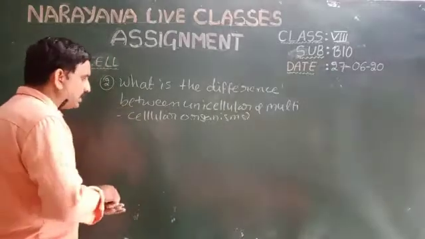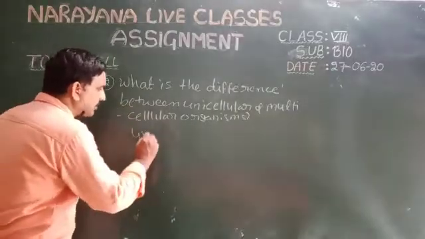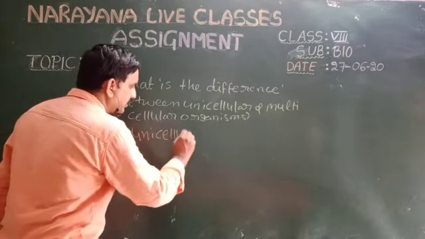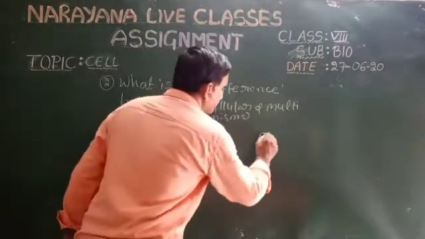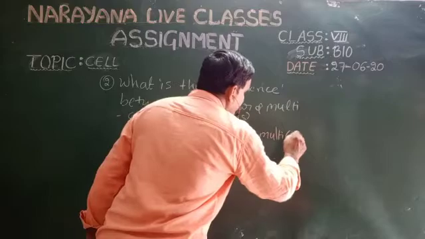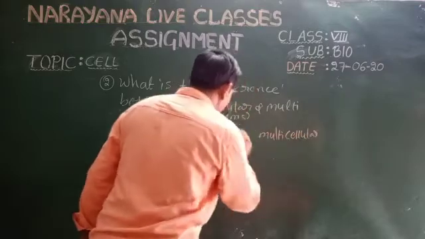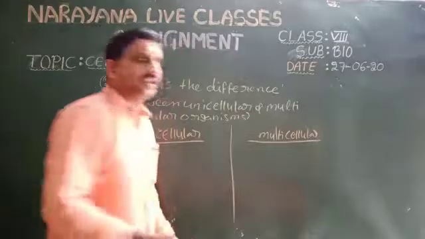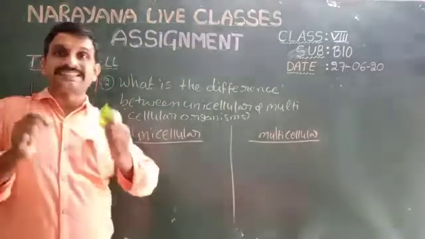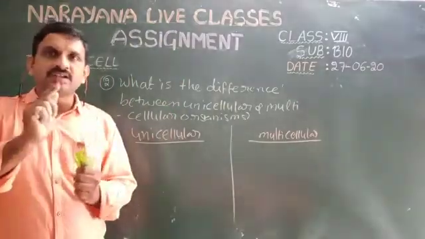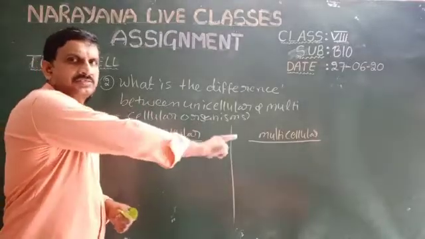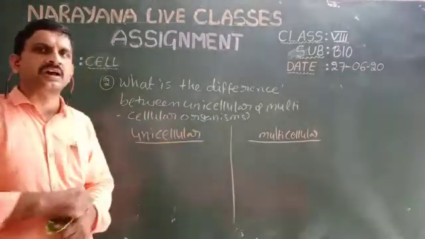Look at the board here. Unicellular and multicellular. As the name says, depending on the presence of the type of cells, organisms are classified into 2 types. One is unicellular organisms, another is multicellular organisms.